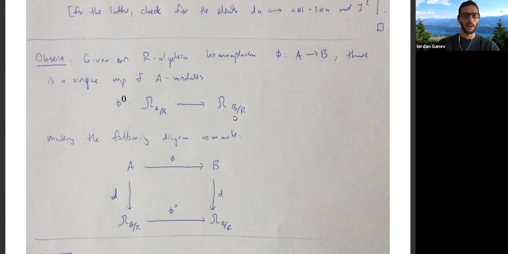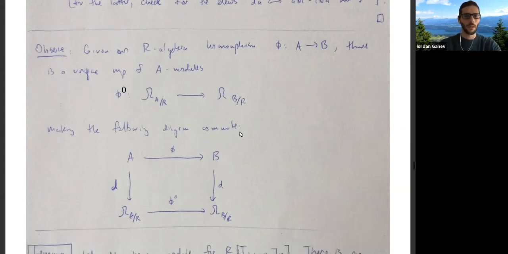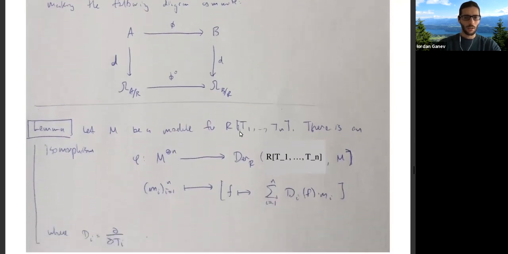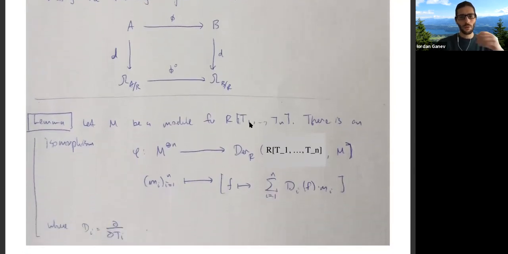D of little a just goes to D of the image of little a, D of phi of a. Okay, and so for the polynomial algebra, derivations turn out to be very simple. Derivations to any module are just n copies of that module because everything's determined by where T1 through Tn go.